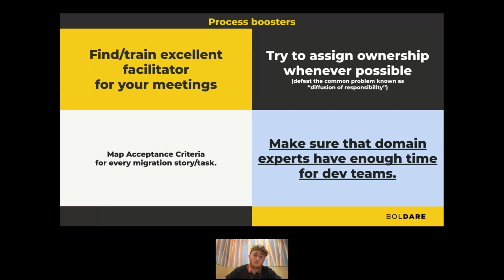Acceptance criteria. That's another thing. When developers build a specific feature, they should see acceptance criteria in a story, in a task. That's usually a product person who will put the acceptance criteria there. But if those are really short or not put in entirely, obviously your tech team will implement that. Whatever is not specified can be done as simply as possible, right? So make sure also that the domain experts have enough time for the dev teams.